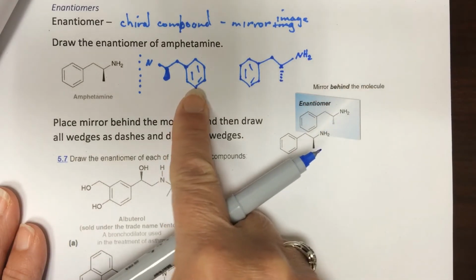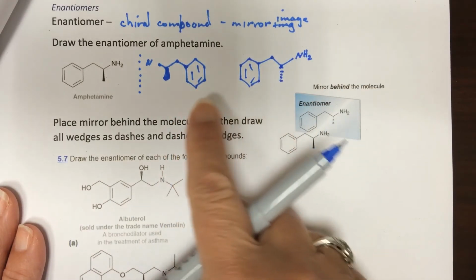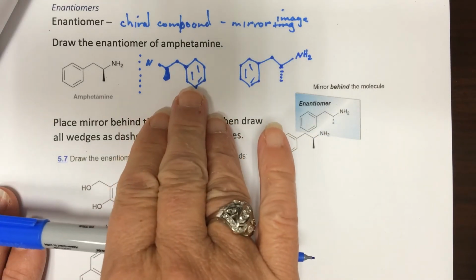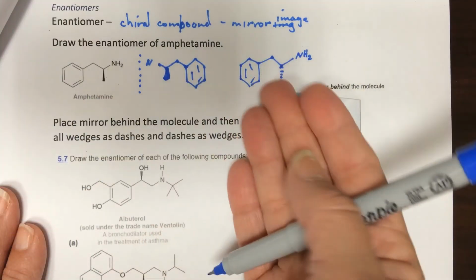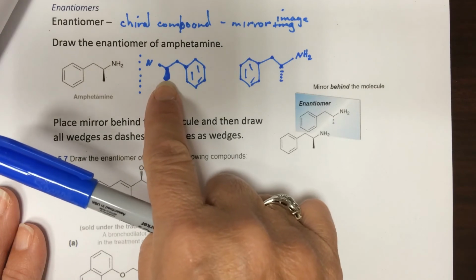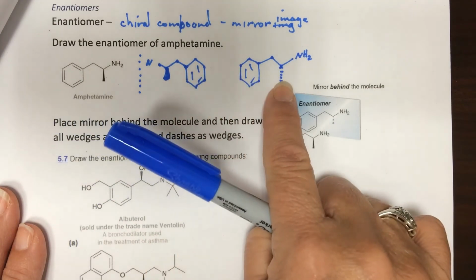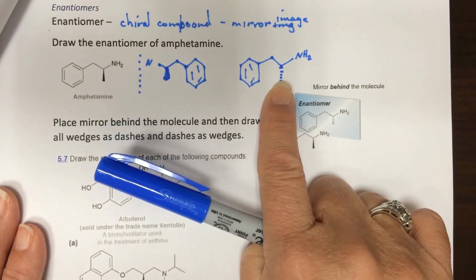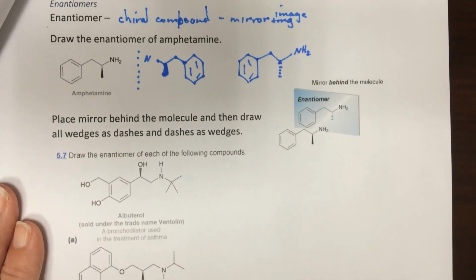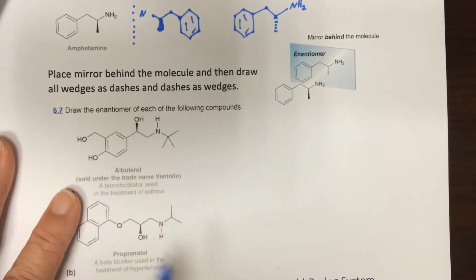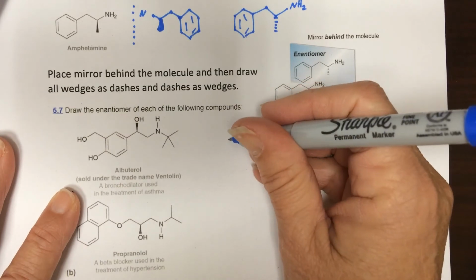This structure is the same as this structure. If you pick this up in your mind and rotate it, and turn it upside down, this one that's coming toward you will now be going away from you. So if we wanted to draw the enantiomer of this, we could just repeat the structure.